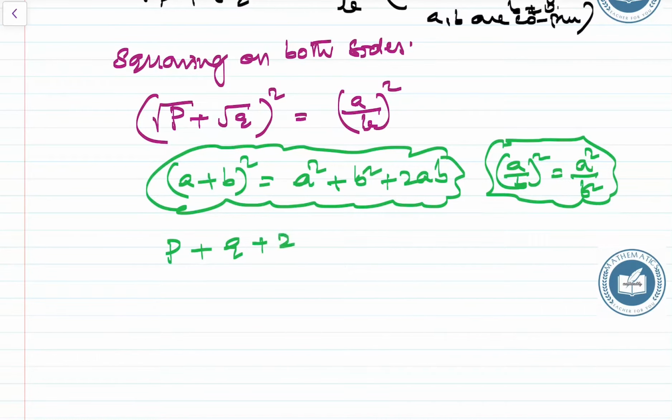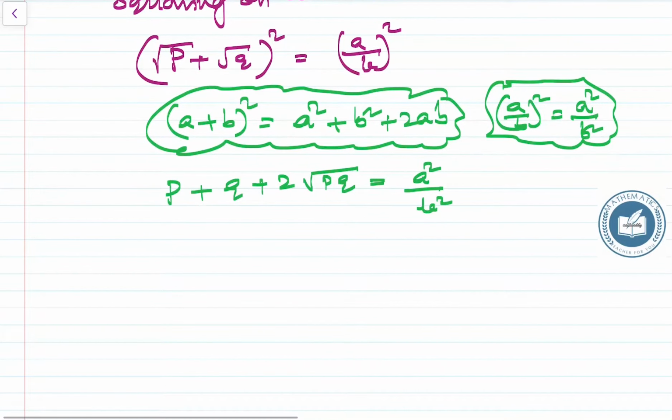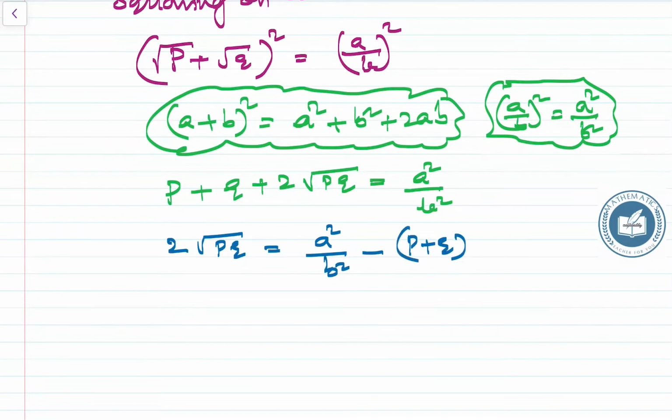So 2 times root pq is equal to a square by b square. Now this p plus q you have to take to that side. 2 times root pq is equal to a square upon b square minus (p plus q).